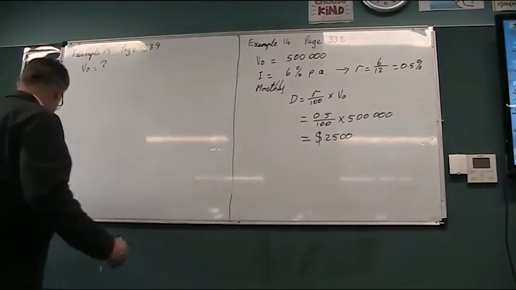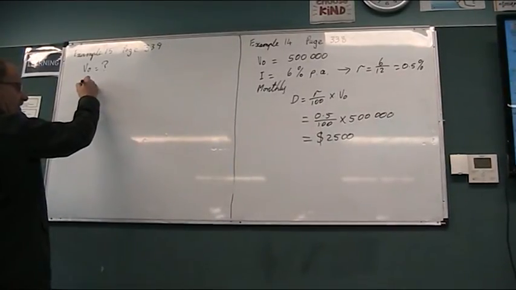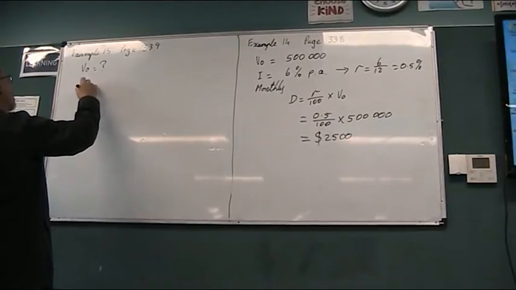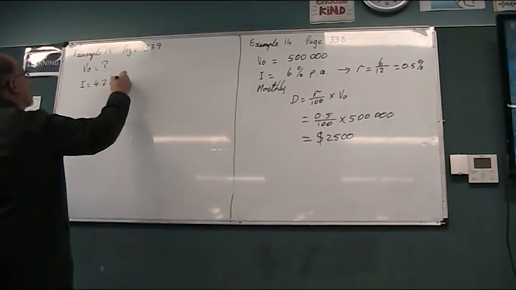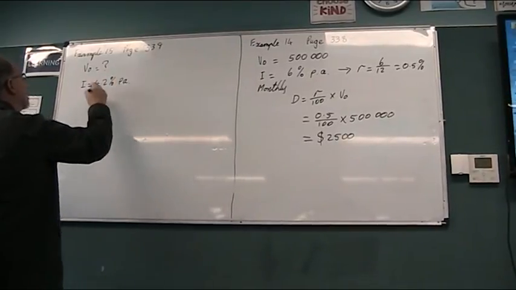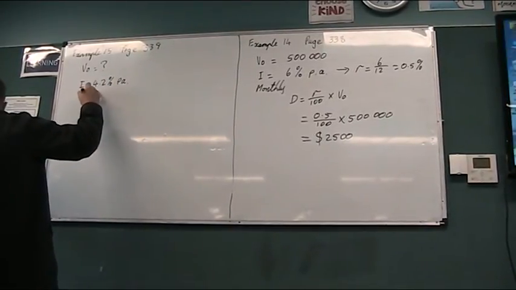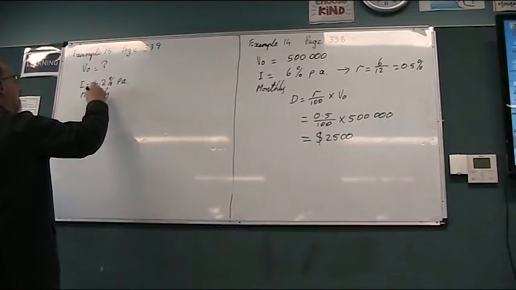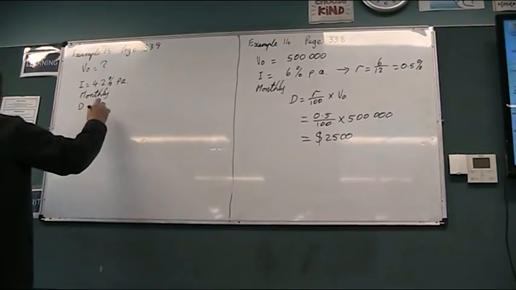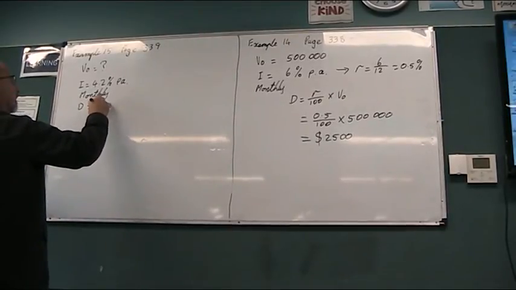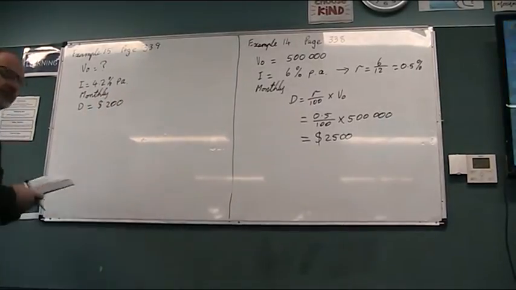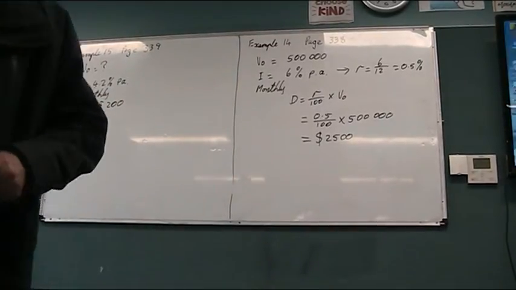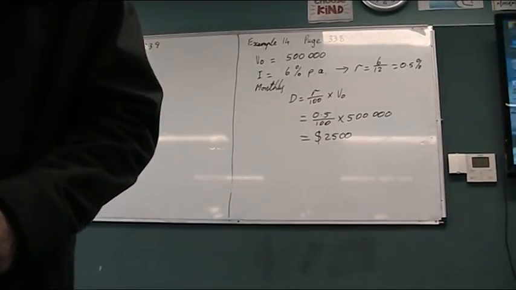Earning an interest rate of 4.2% per annum, compounding monthly, I think it says. Yep, monthly. And in this one, we know that we want a payment of $200. So we're wanting to figure out how much we would need to put in.